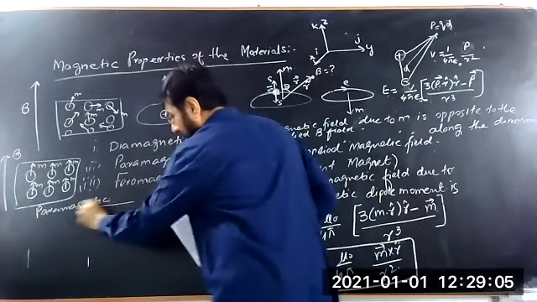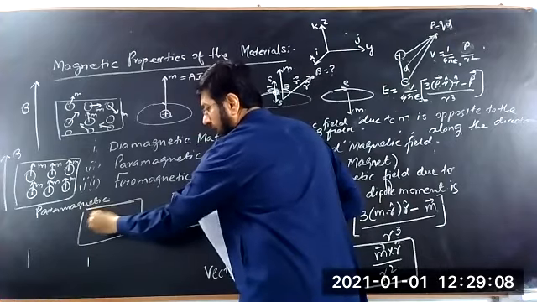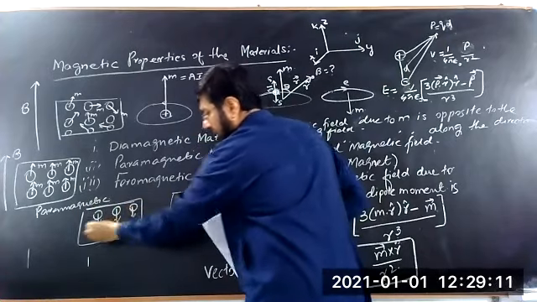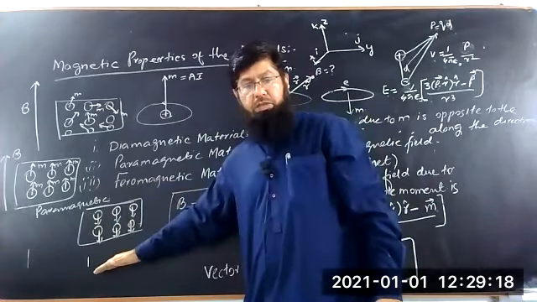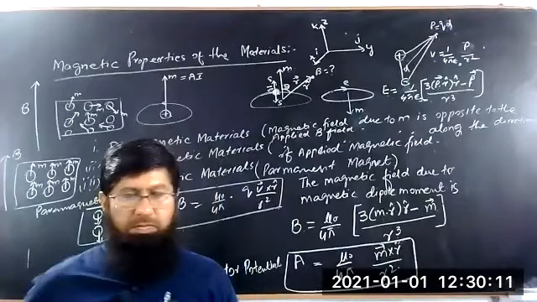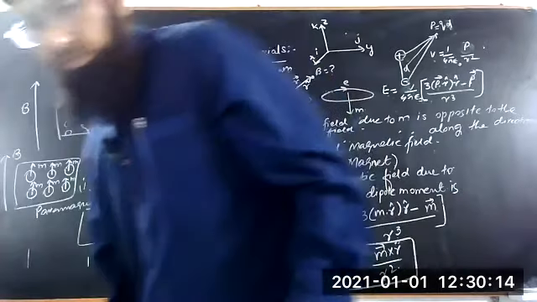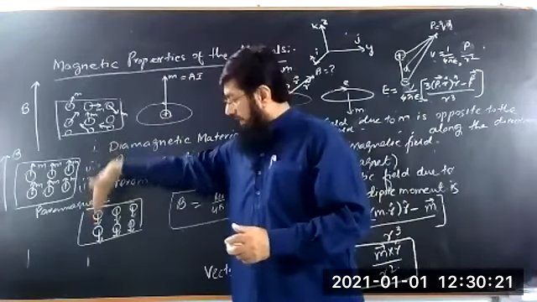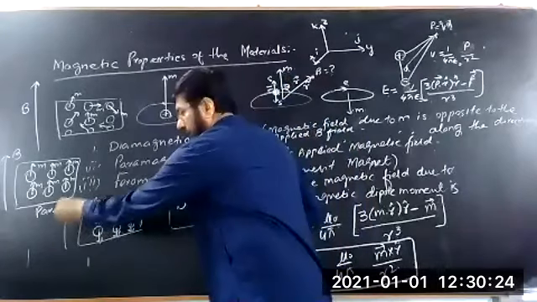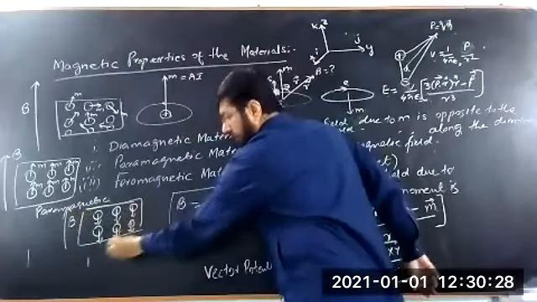But if this is a material in which the dipoles are aligned in the opposite direction, so in this case, if the magnetic moment is aligned opposite to the external magnetic field, this is known as a diamagnetic material.